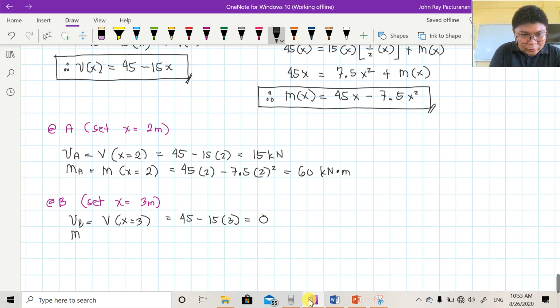On the other hand, the moment at B is equal to the moment at x equals 3.